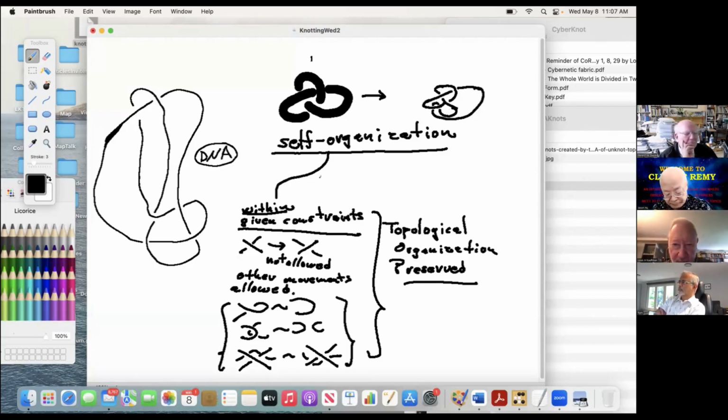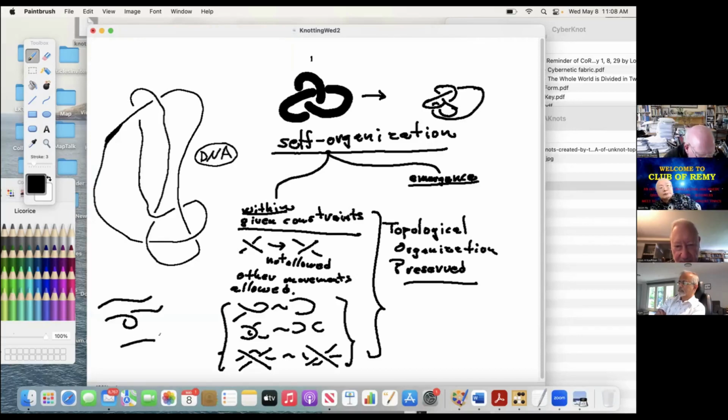So this is that. But on the other hand, there is the other aspect of self-organization, which is emergence. Right? So how would it emerge and then become stable? You could imagine a story which was something like this: you had something that was unknotted and maybe it curled up a little bit like that, and then maybe it wandered through itself like that, and then maybe it even ended up binding to itself at the ends.